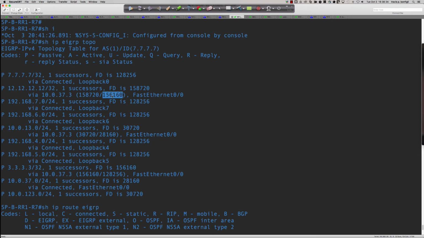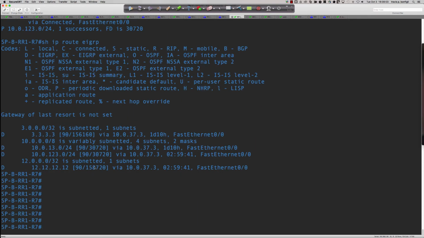The feasible distance is never communicated between EIGRP speakers. It is a locally significant value, and we're going to talk in a couple seconds about why it's local and what it does locally. So this is router 3's computed distance, but from router 7's perspective, we call it the reported distance. But that is router 7's computed distance. And this is router 7's computed distance.